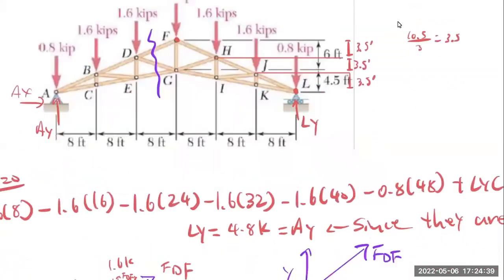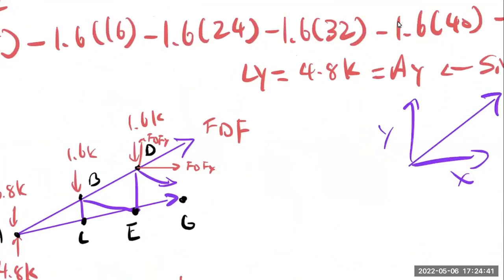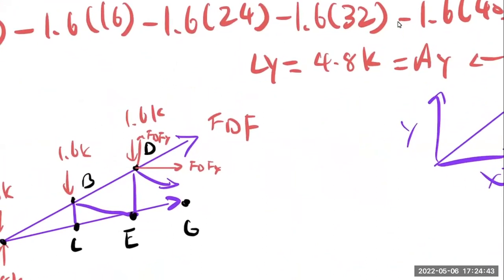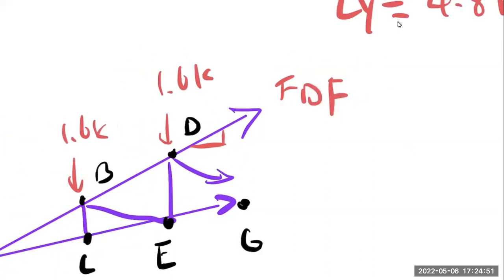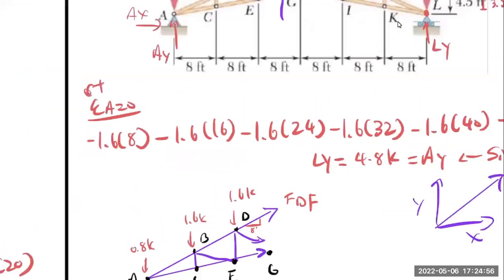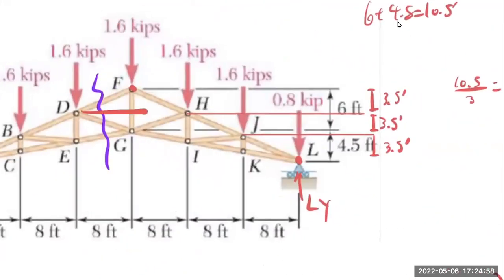Okay, so if we go back to here, let me erase this. We know that this horizontal distance is 8 feet, and this distance right here is 3.5 feet, right?